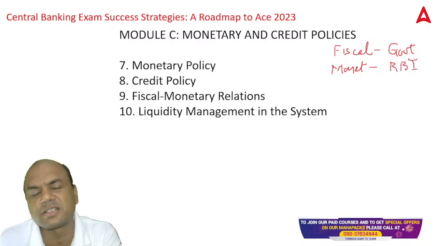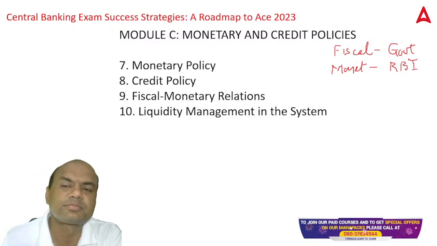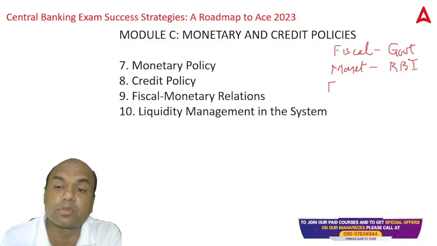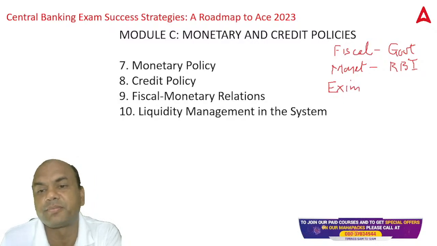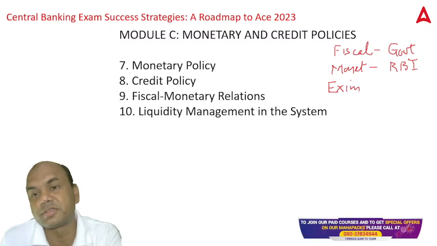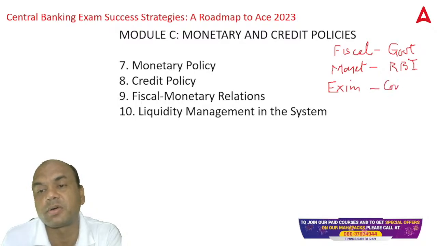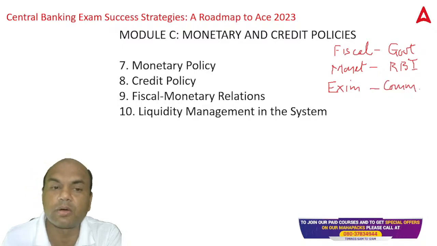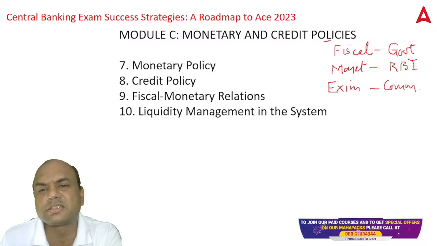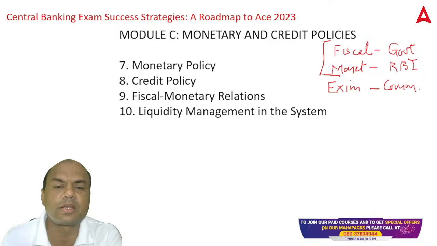It's not mainly concerned with us, but those who deal in forex in banks will deal in the EXIM, export import policy, which is given by the Commerce Ministry. So these are the important policies in India. We are only concerned with these two, fiscal and monetary.